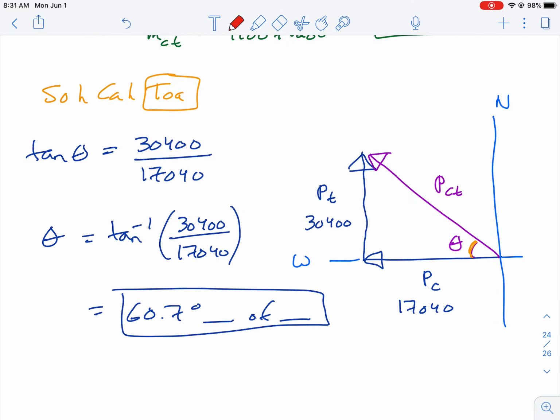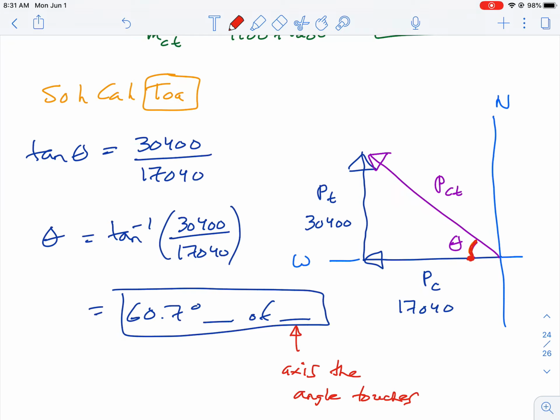All you guys need to remember is that the second letter represents the axis that the angle touches, or the starting axis. And you can see with the angle right here that it's touching the west axis.